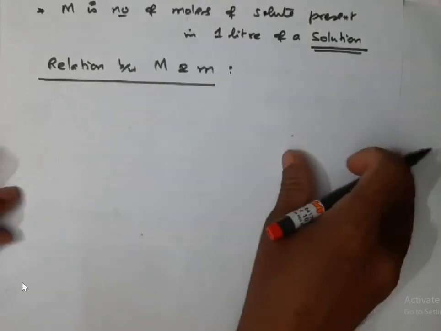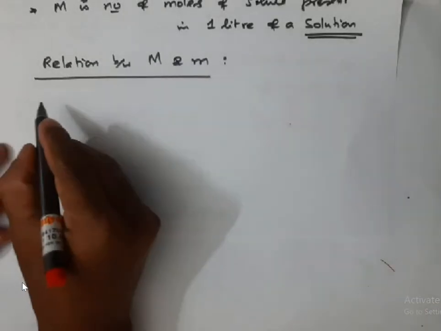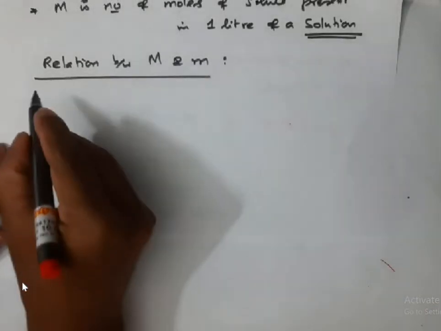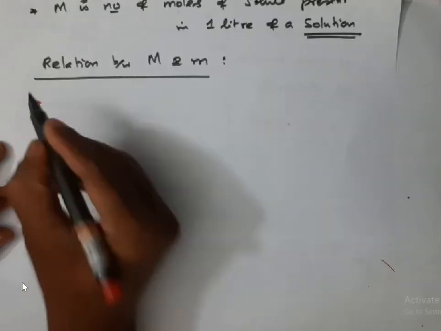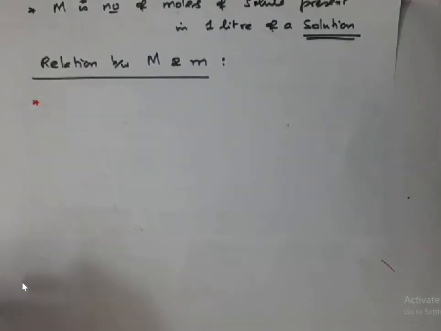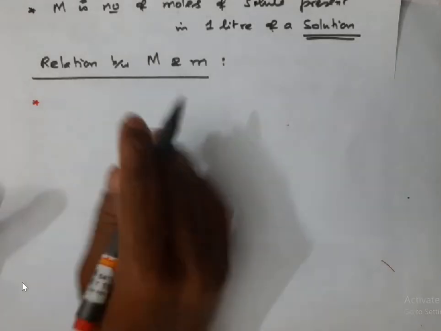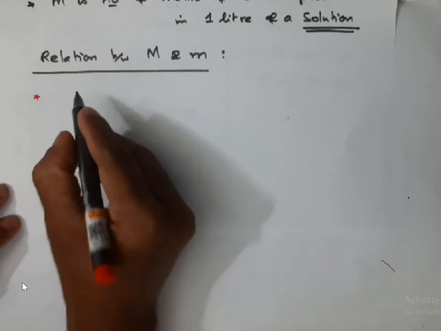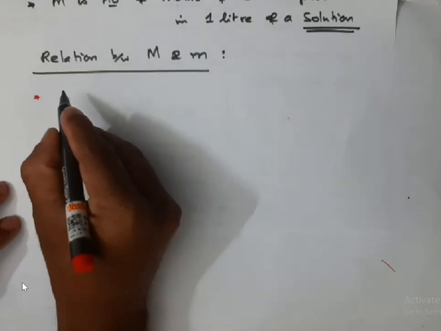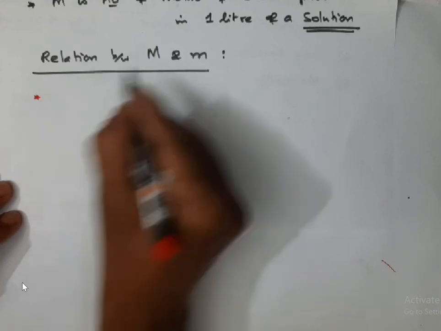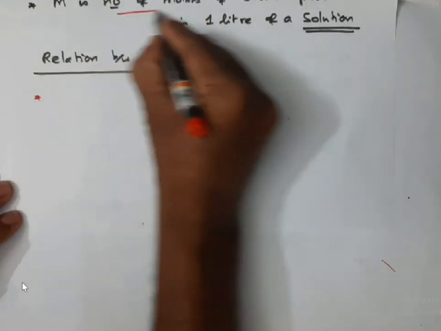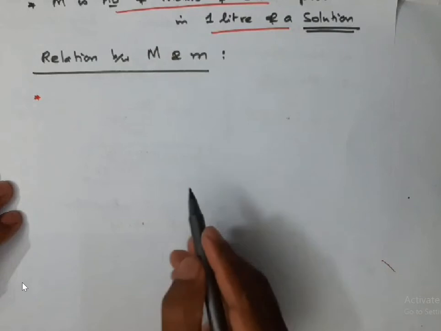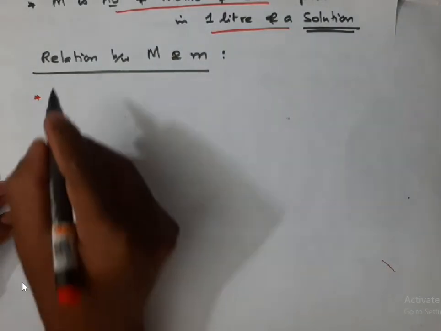What I'll do is, let me write like this. See, molarity means number of moles of solute present in 1 liter of solution, right? Now let me write like this.